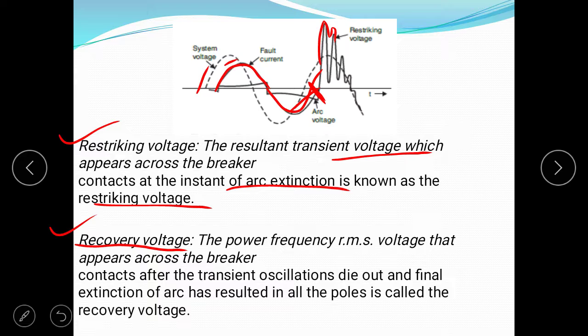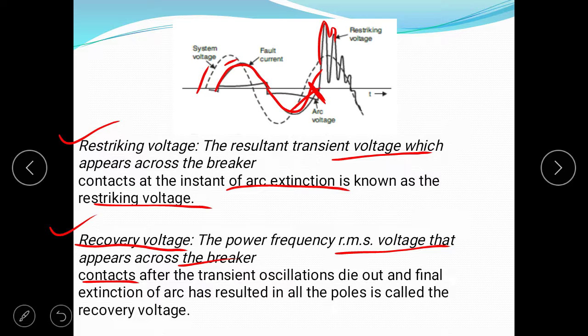The definition of recovery voltage is the power frequency RMS voltage that appears across the breaker contacts after the transient oscillations die out and final extinction of the arc has resulted in all the poles.